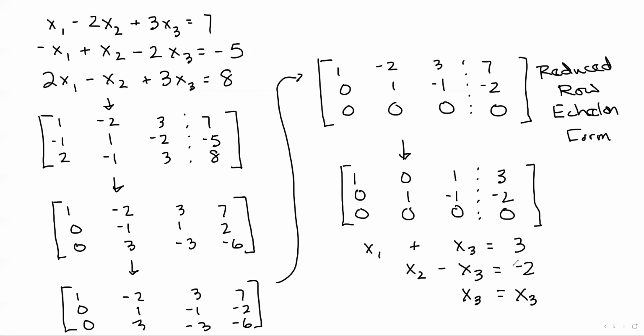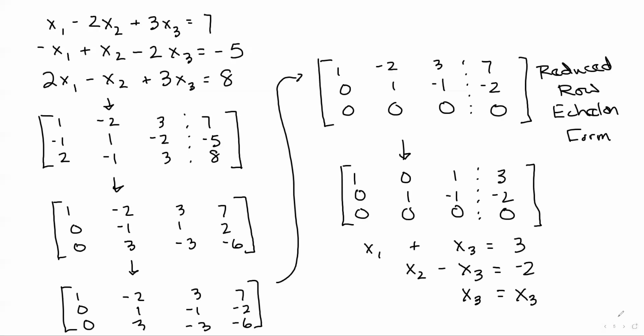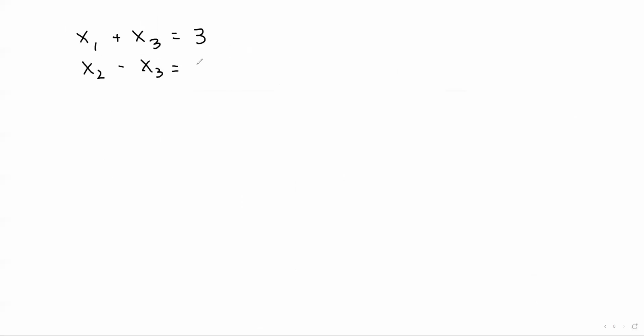All right, so let's translate this over to the next page. We've got x1 plus x3 equals 3, x2 minus x3 equals -2, and then x3 equals x3.